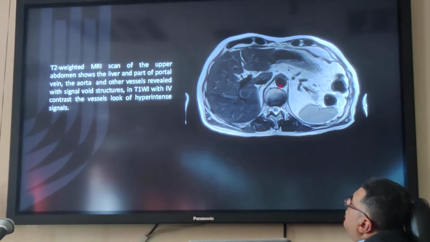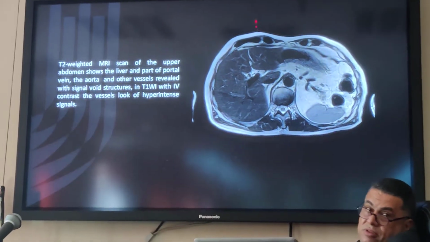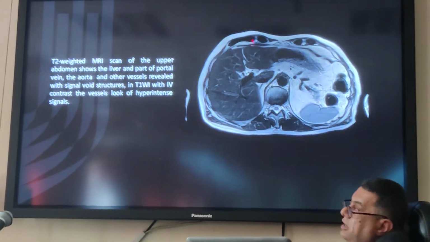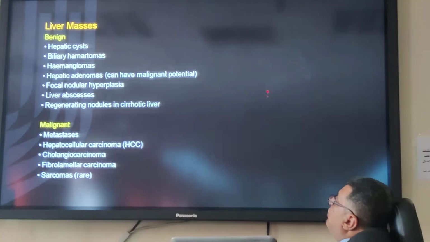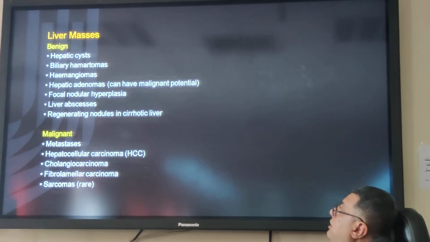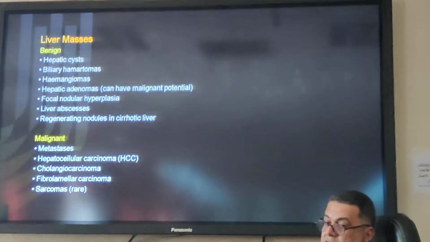Usually, the MRI T2 shows signal void. There is no signal in T2 from the great vessels inside the abdomen. Like in the T1 weighted image with IV contrast medium, we can see the abdominal muscles enhancing with the liver.